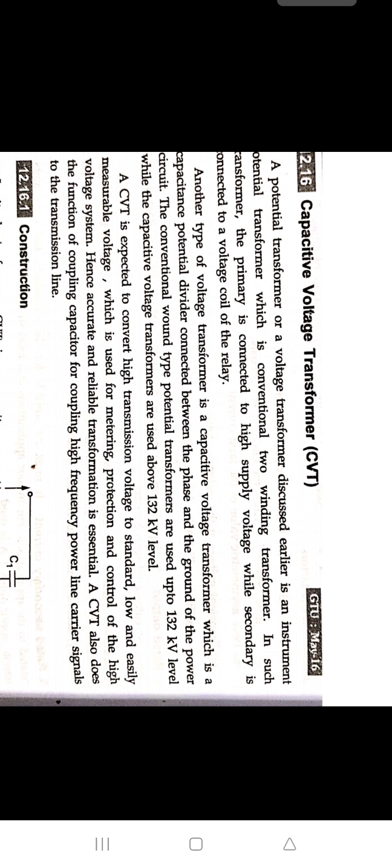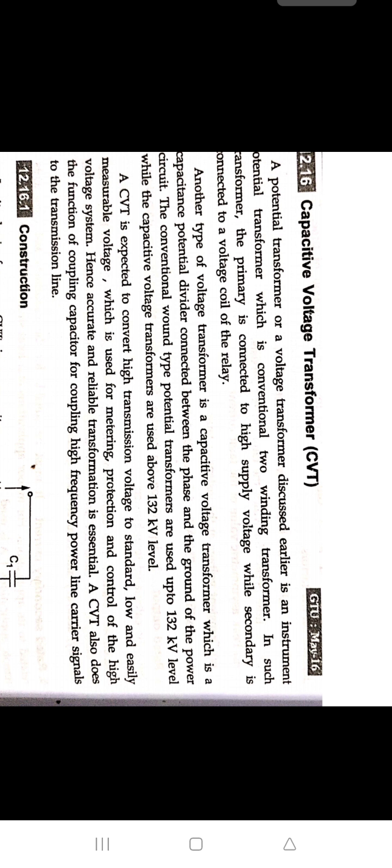Another type of voltage transformer is the CVT, which is a capacitive potential divider connected between the phase and the ground of the power circuit. The conventional wound type potential transformers are used up to 132 kV, and above that level we use CVT. It is expected to convert high transmission voltage to standard, low and easily measurable voltage, which is used for metering, measuring, protection and control of the high voltage system.